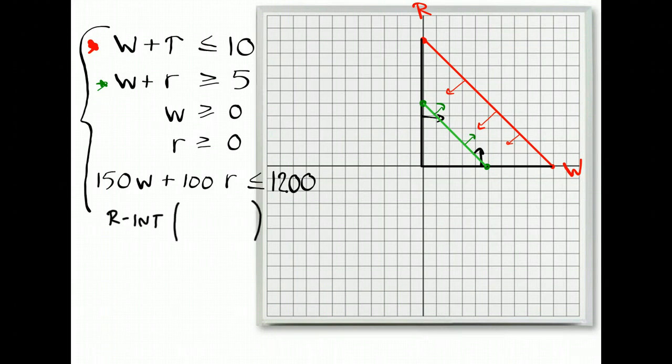So we're talking about the R axis. So W is 0, and W is like my X, so that will be first. So when W is 0, what is R?